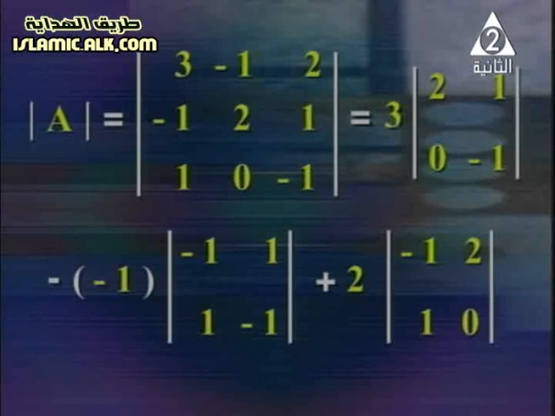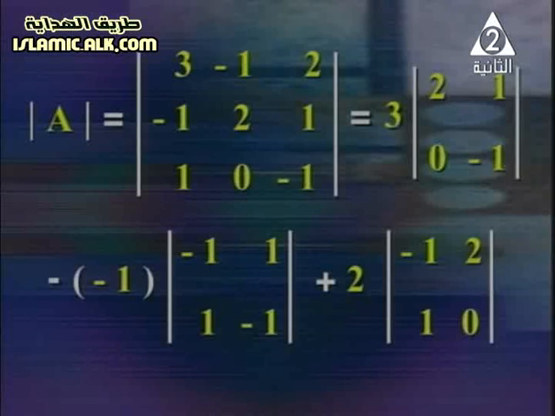We remove the first row and the second column. The determinant is [-1, 1; 1, -1]. Also 2, its position is A13, the first row, third column. We remove the first row and the third column. The determinant of 2 is [-1, 2; 1, 0].